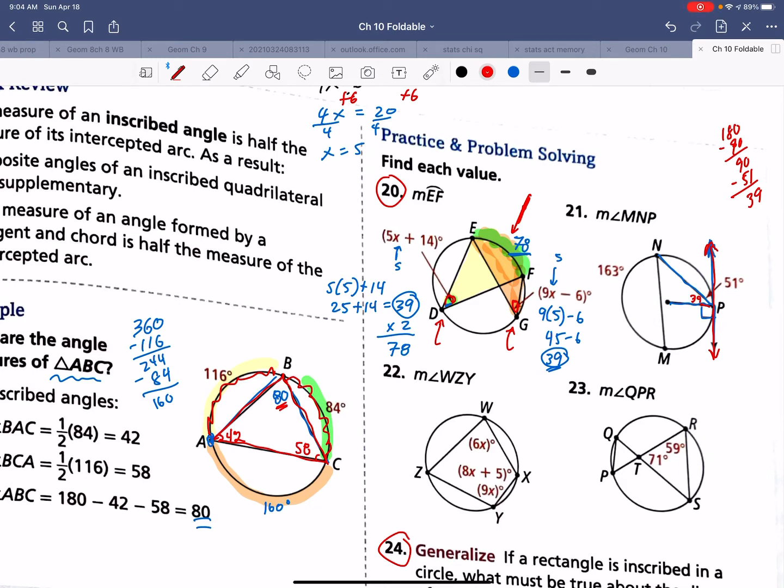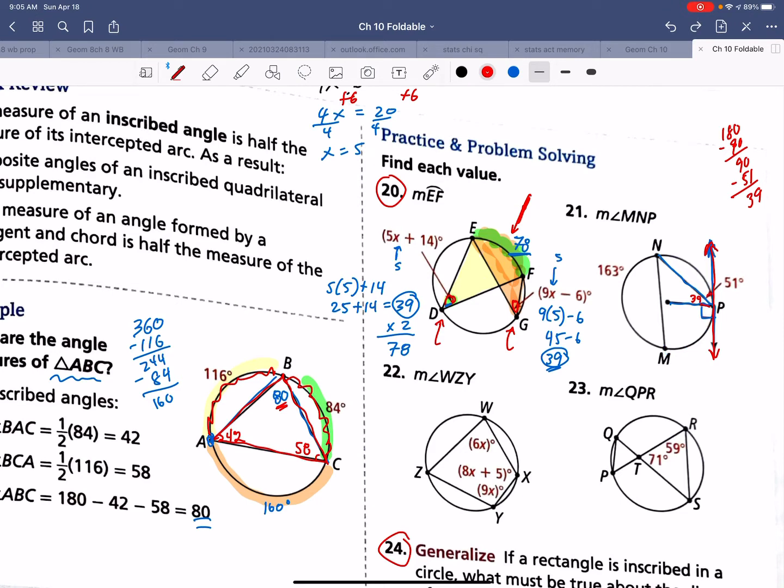What else do we know? If this angle is 90, then if I extend this line here, this is the arc bound by that. I'm not sure that's telling me anything.